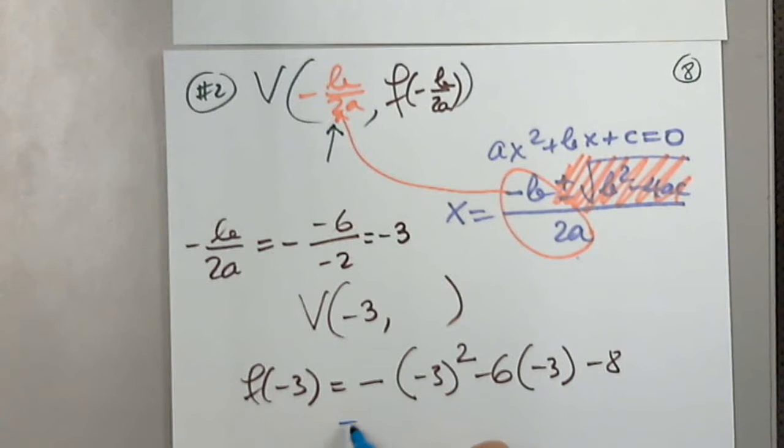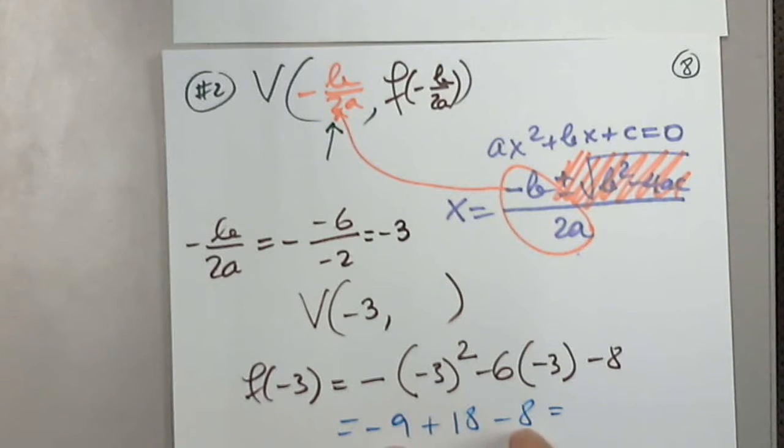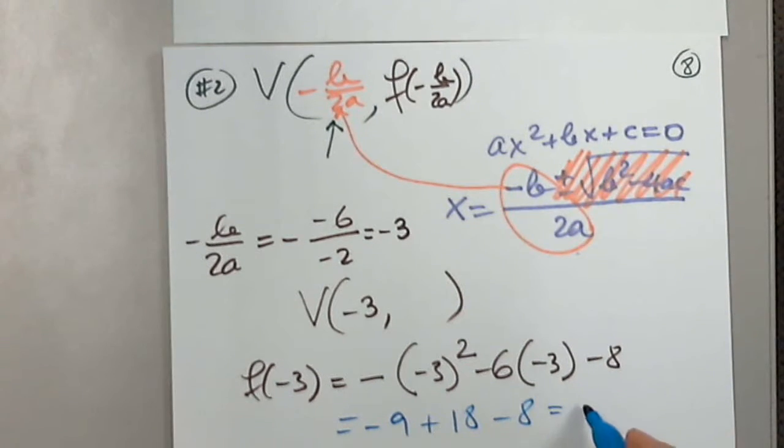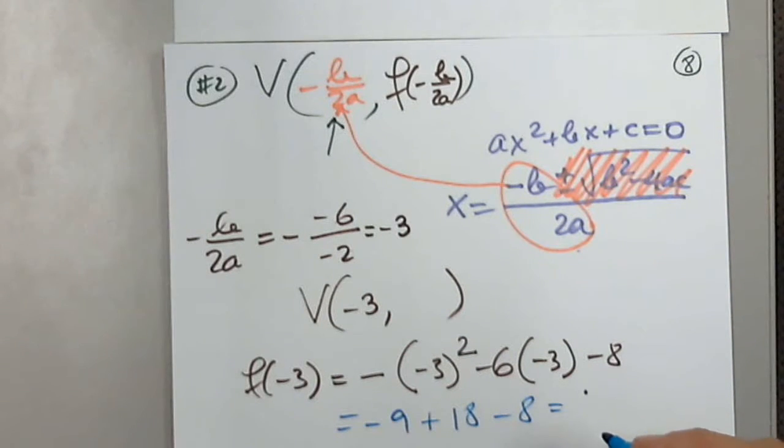I agree. -6 times -3, 18. +18 and -8. I recommend do these two first and get -9 and +18, and this is how much? 18 minus 17. That's 1.